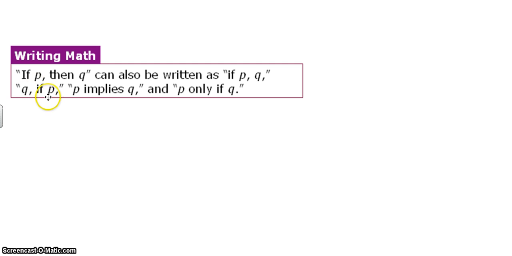The last two examples we saw were in this format. Conclusion, if P. So it's kind of flipped around, right? And finally, we could say P implies Q, or P only if Q. So you may not always see the words if, then, exactly like that, but that doesn't mean you don't have a conditional statement. They may be written this way too.